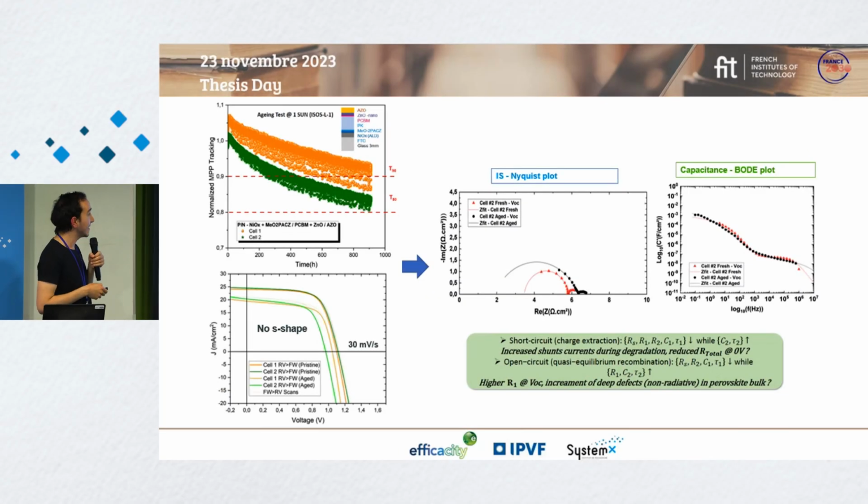And this is the last example. This is the last step that we are implementing. We are doing an accelerated degradation test on the devices. In this example, we do a light soaking test, two architectures here, for 900 hours. And what we see is the power loss of the devices.